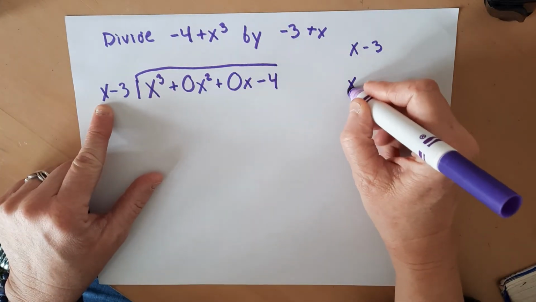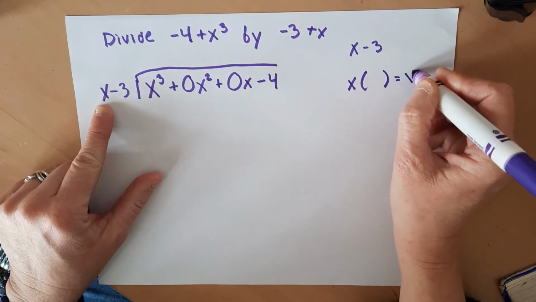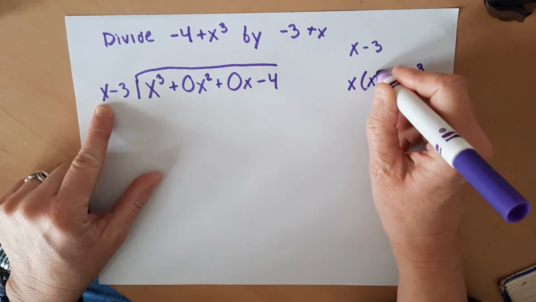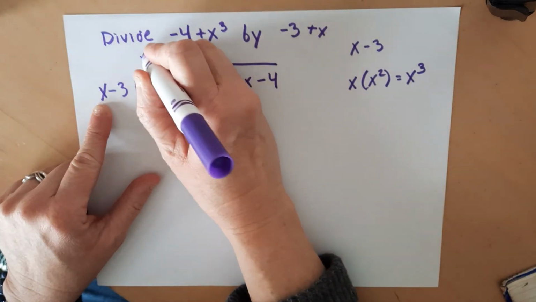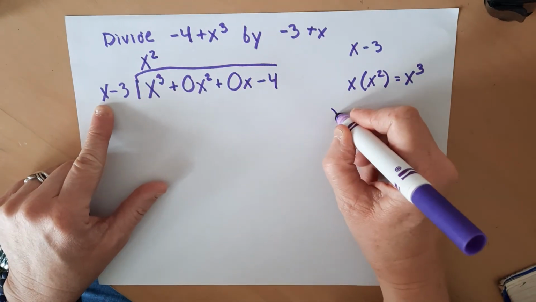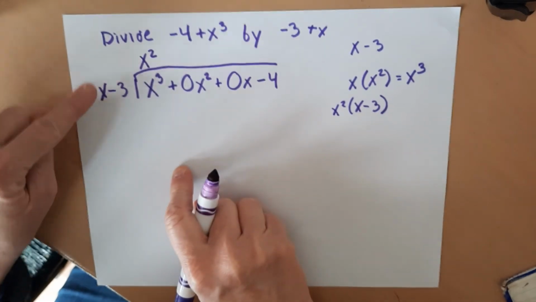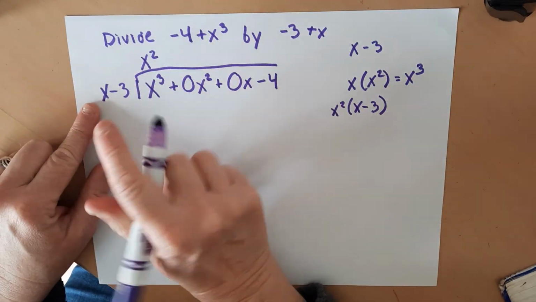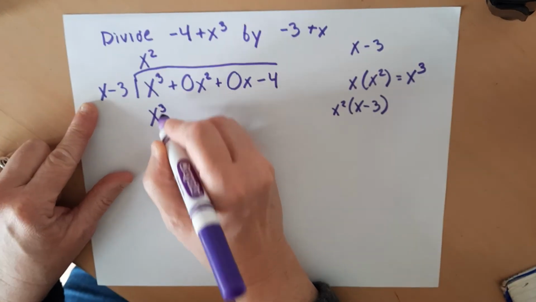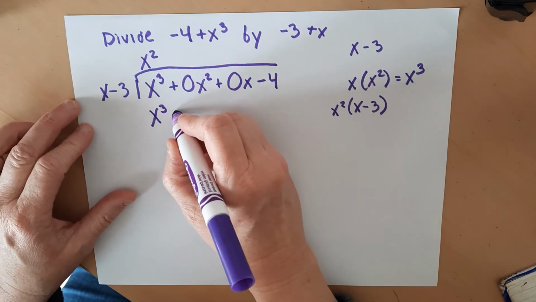What do we multiply x by to get x cubed? We multiply that by x squared. So we put the x squared on top. And now we're thinking in our head, x squared times x minus 3. That gives us x cubed minus 3x squared.